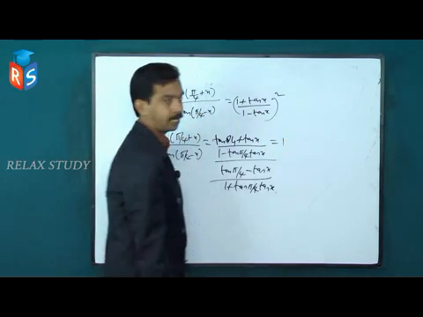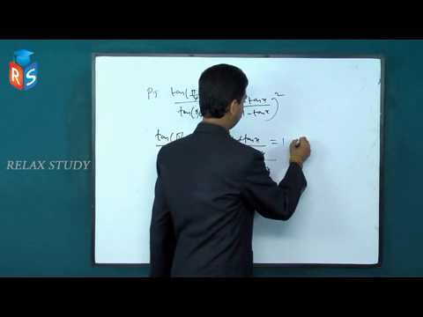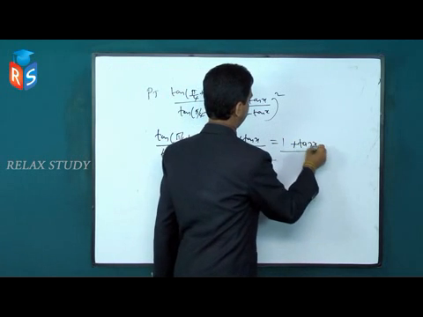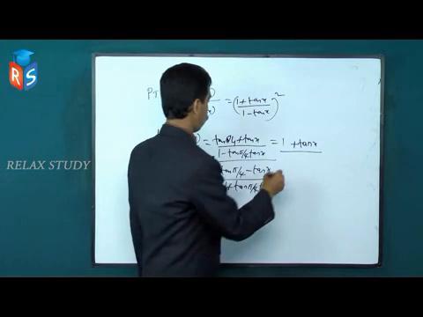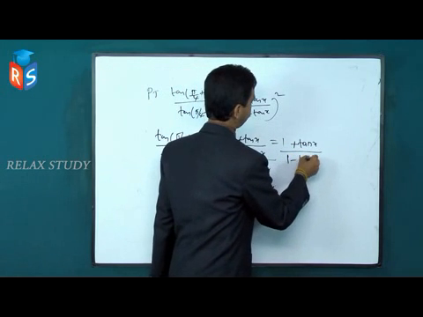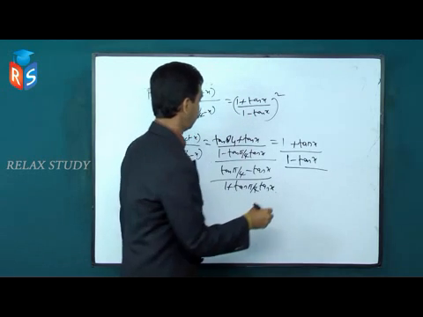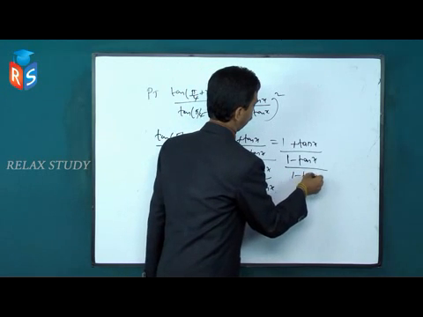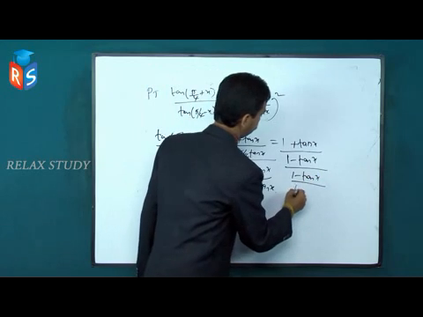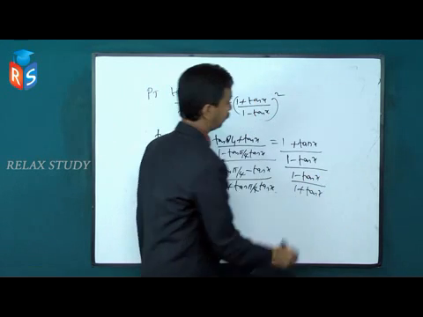tan π/4 we know is 1. So (1 + tan x)/(1 − tan x), all divided by (1 − tan x)/(1 + tan x).